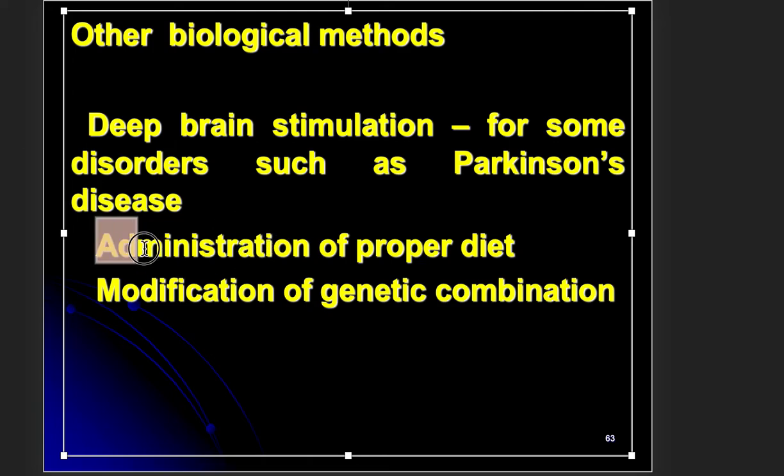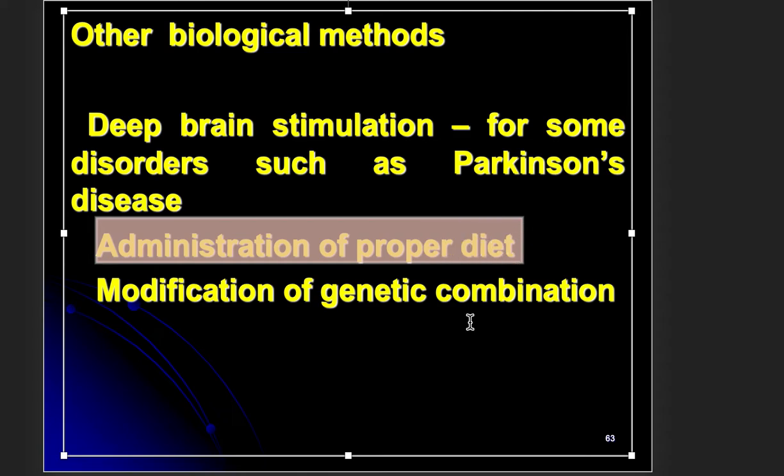Then we also have the administration of proper diet. Sometimes a person behaves oddly because maybe they have too much alcohol, too much sugar, or maybe they are dehydrated, or the level of salt is too much, right?